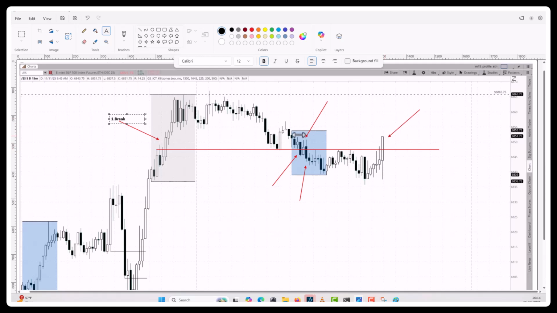The moment you thought that you're going to make another leg up, break 1, break 2, break 3, then if it flips, you know that it's going to be a 4 breakout type 3.